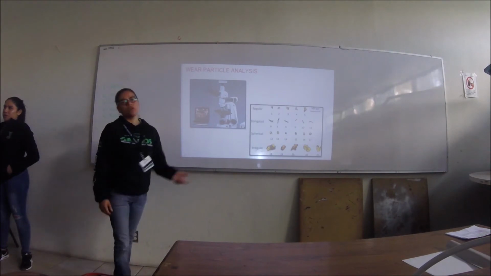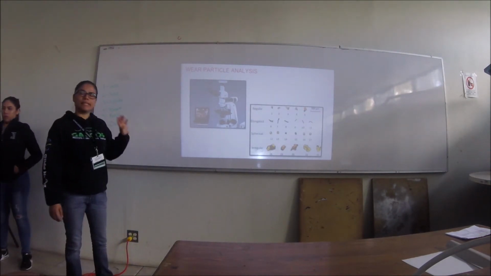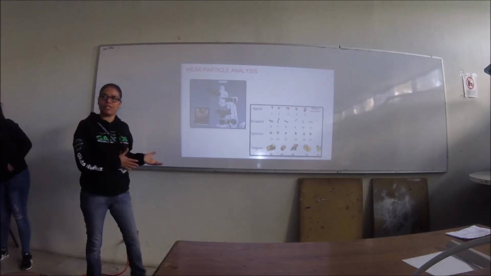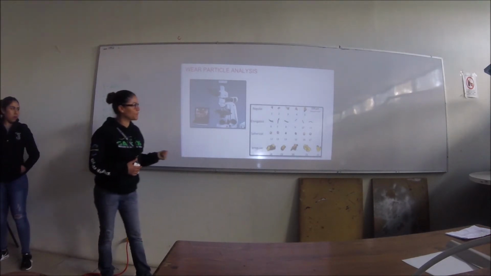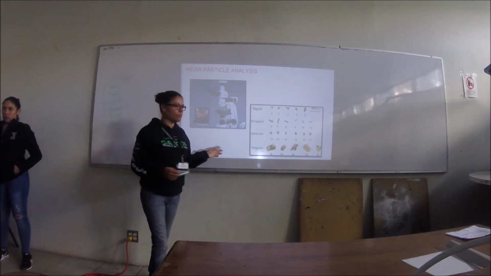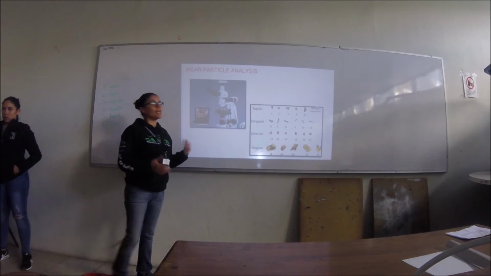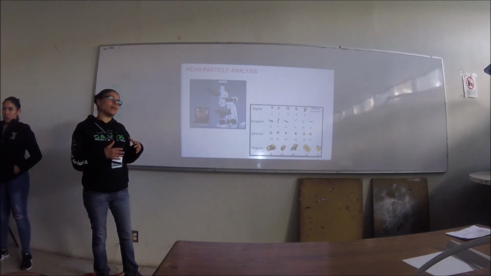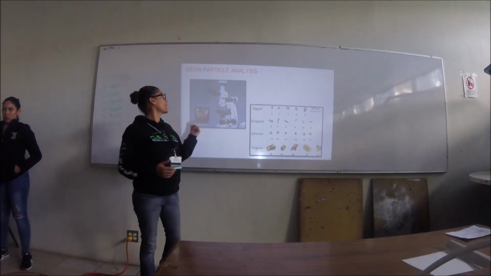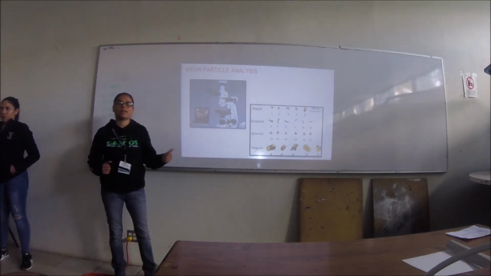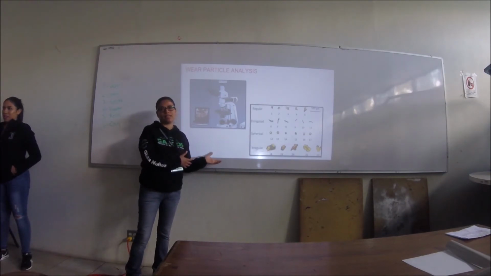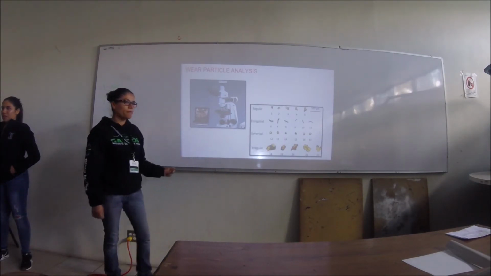Okay. Wear particle analysis. This analysis consists of taking an oil sample from a machine to observe it and see the particles inside, the wear particles inside of the oil, and how much is contained in the lubricant of the machine.